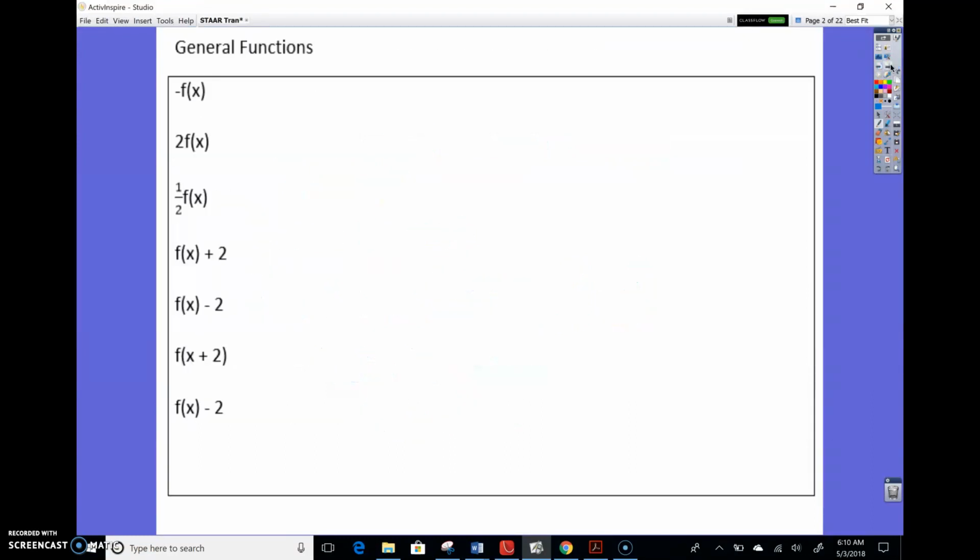Now, in general functions, if you ever see a negative in front of the x, it's going to reflect across the x-axis. If you see a 2 in front of it, it makes a vertical stretch.